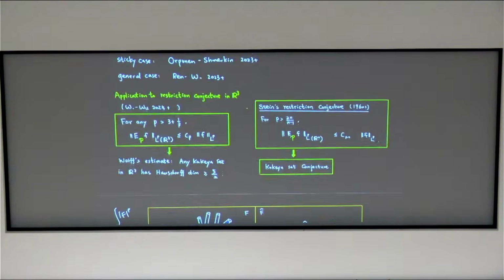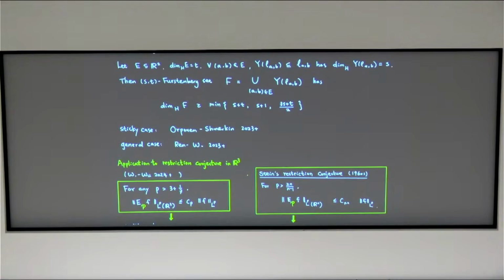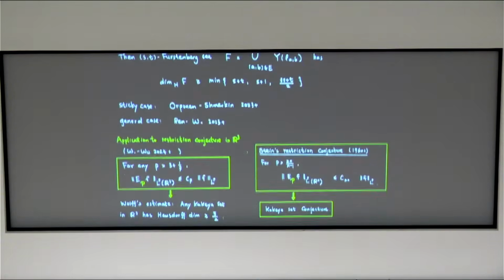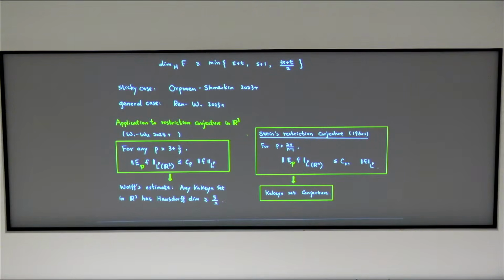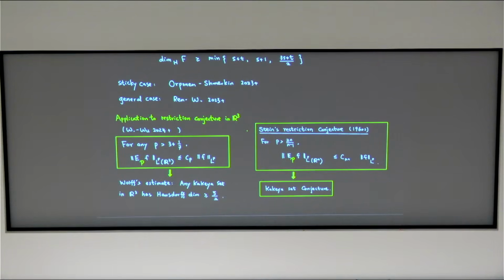So that is how the Furstenberg set conjecture is relevant. And indeed, we were able to apply this result to the restriction conjecture in R3 and obtain some partial progress on Stein's restriction conjecture in R3.